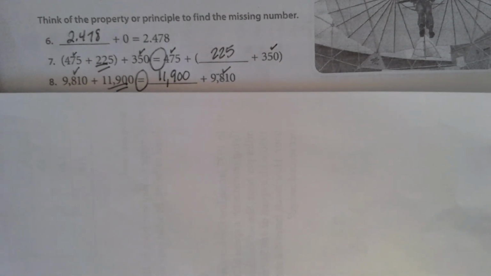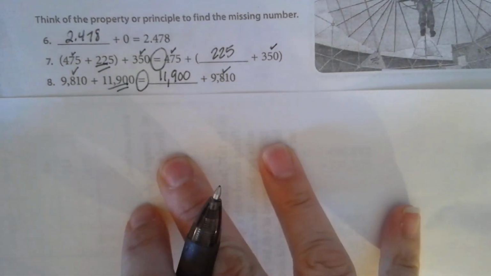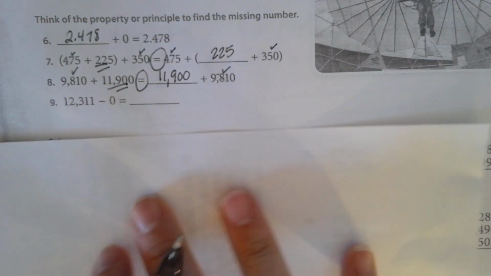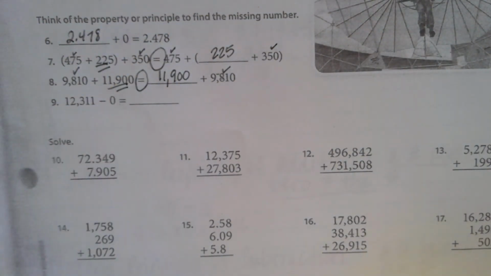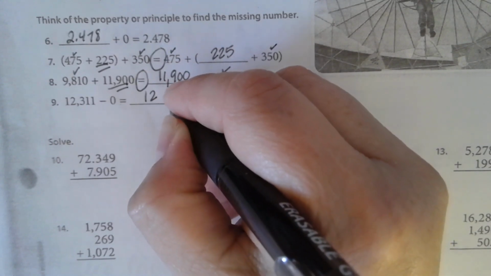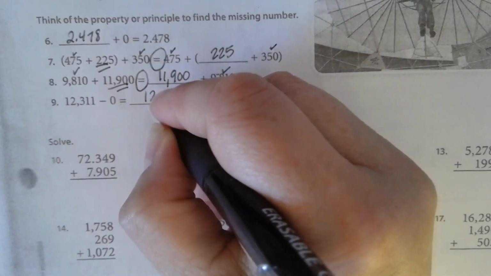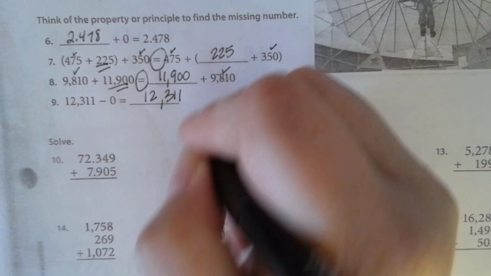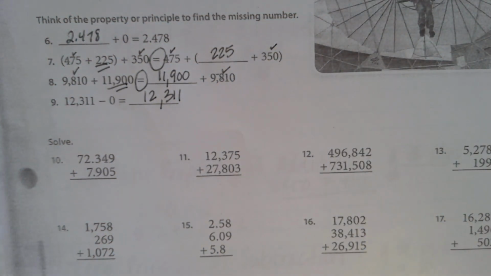Are they equal? Yes, they sure are. So that is done. That leaves me with number 9. If I have 12,300 and I take away nothing, I still have what, Zoe? 12,311. Good. Any questions about these?